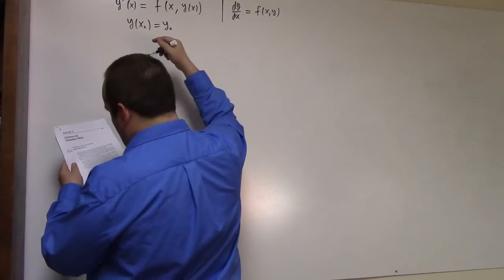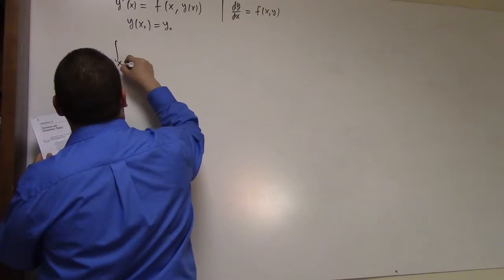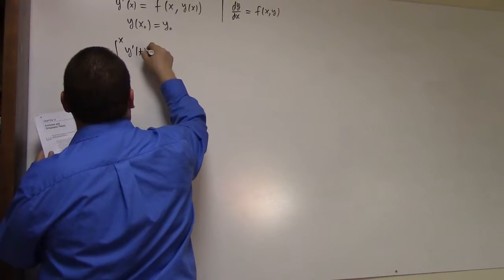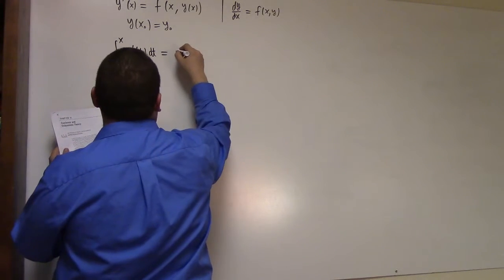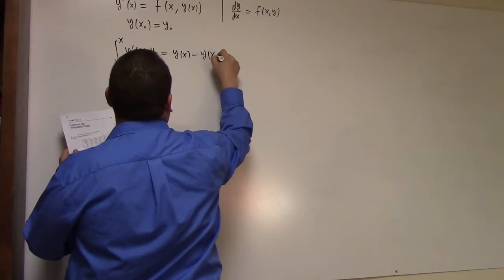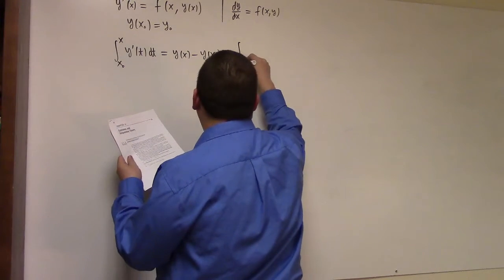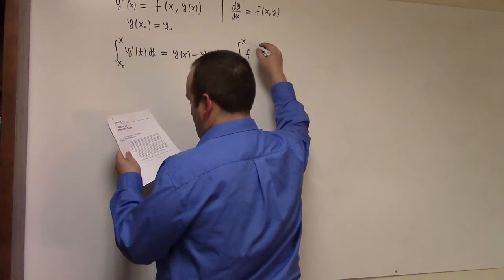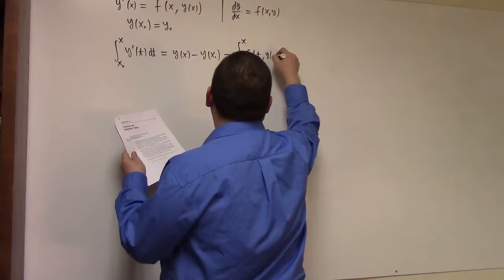Now, the first thing he does here is he just integrates from x naught to x of y prime of t, where t is a dummy variable of integration, y prime of t dt. Well, the fundamental theorem of calculus says that that's y of x minus y of x naught. On the other hand, because we're solving that differential equation, it's also the integral from x naught to x of f of t comma y of t dt.